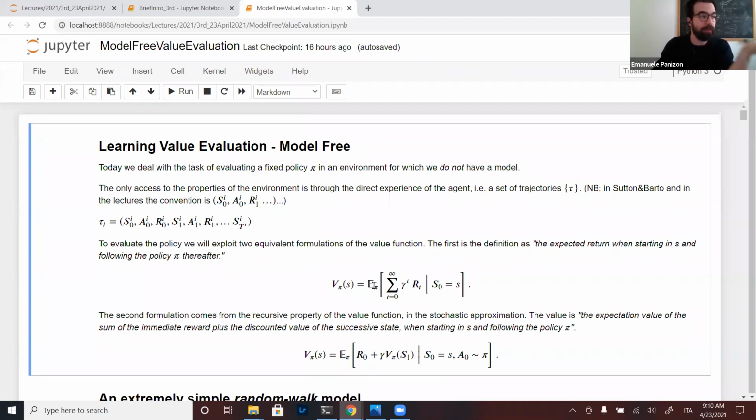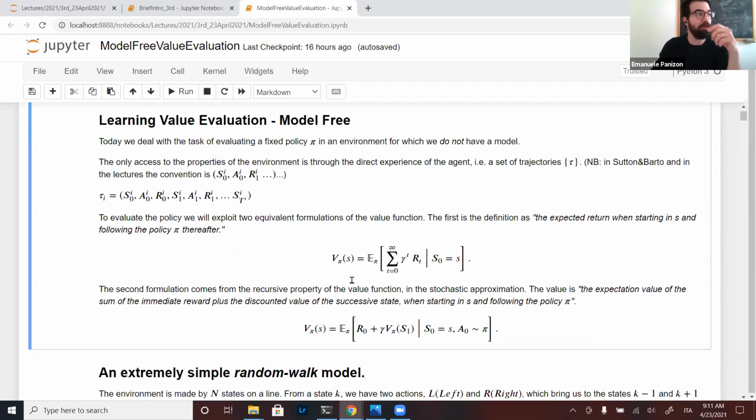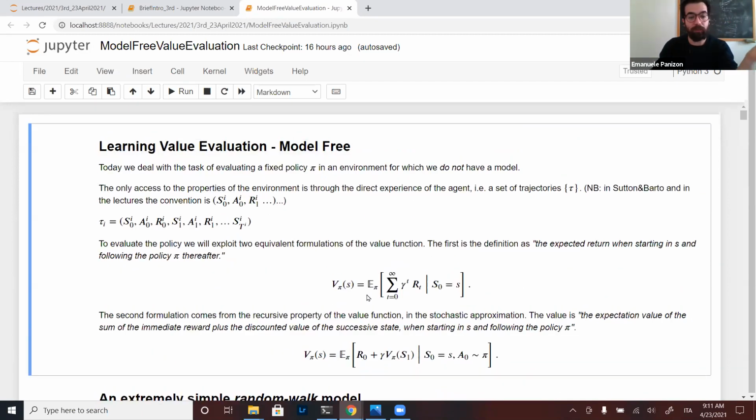It's the expected sum over all consecutive times of the discounted reward, gamma to the t times reward t, if I start exactly at time 0 in that state S. And this expectation under pi means that all the actions have to be taken with a probability given by my policy. We will see that this is already enough to have our first class of algorithms, which will be called Monte Carlo evaluation.